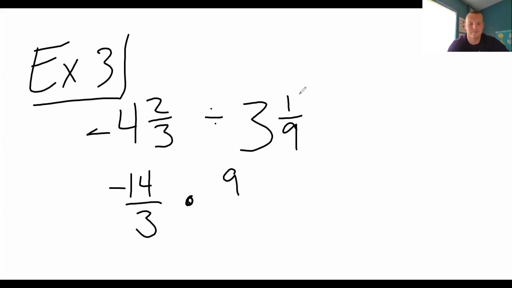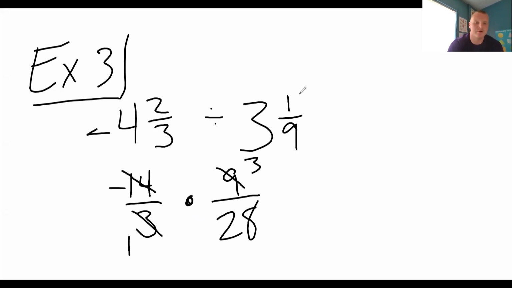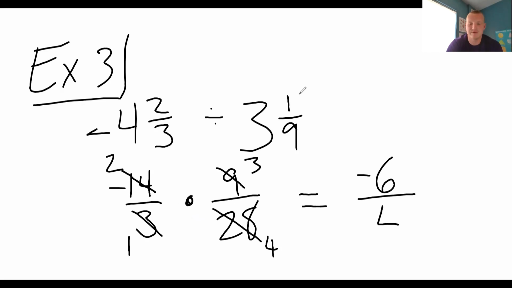Okay, and then from there, there's a little bit of reducing I can do. What goes into both 9 and 3? 3. And then 14 and 28, 7 goes into both of those. So I'm left with 2 here, 4 here. Let's multiply straight across and we'll have a new number. So negative 2 times 3 is going to be negative 6. 1 times 4 is going to be 4.